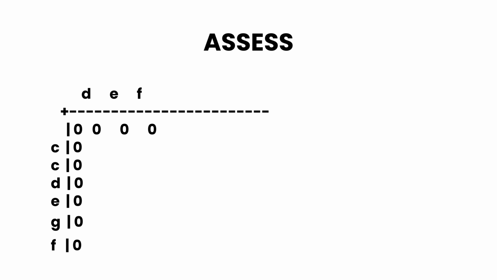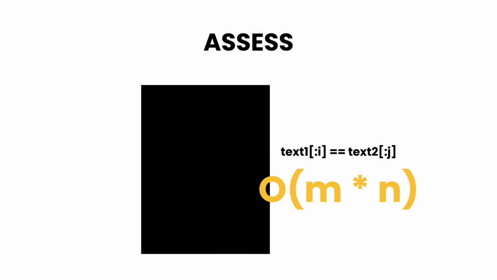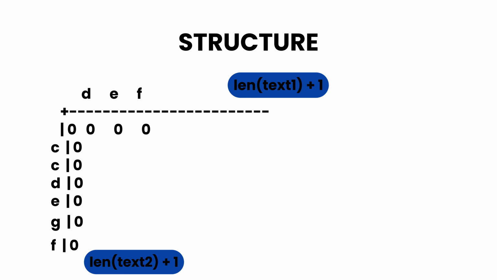By building a DP table where each cell dp[i][j] represents the length of the LCS for text1[0..i] and text2[0..j], we can reuse previous results and solve the problem in O(m times n) time and space. Here's the plan. Create a DP table of size len(text1) plus 1, times len(text2) plus 1, filled with zeros.